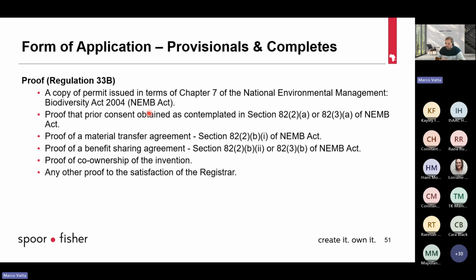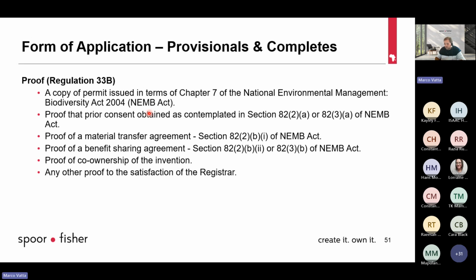So in the example where the Khoisan had traditional knowledge, there should have been a benefit sharing agreement in place for that community to benefit from the use of their traditional knowledge for the extraction of that compound from the Hoodia plant. Or otherwise, there may be proof of the co-ownership of the invention.